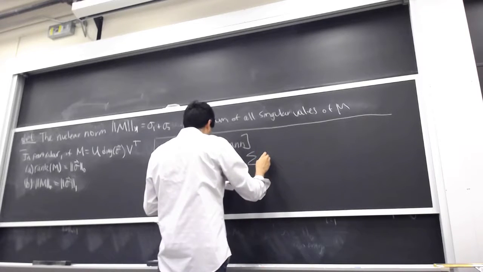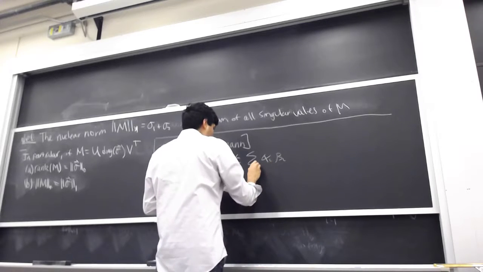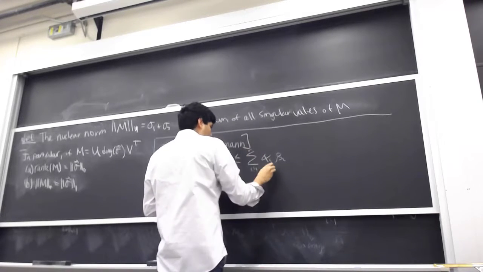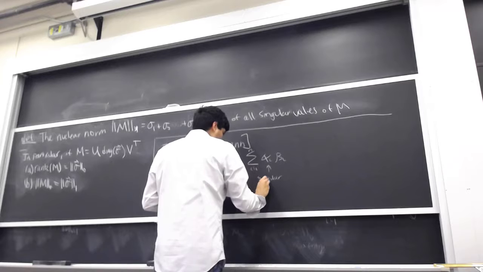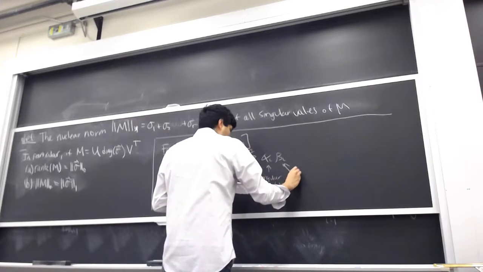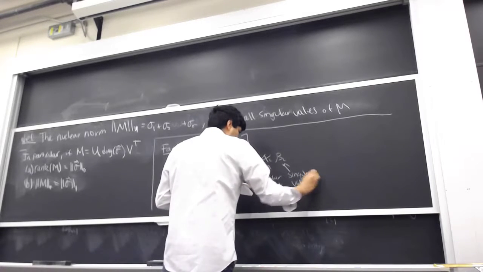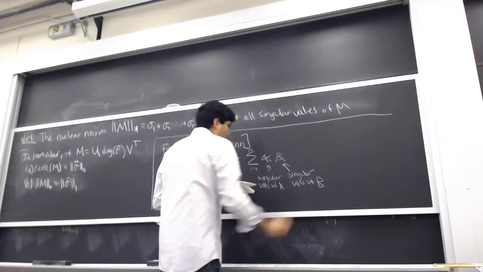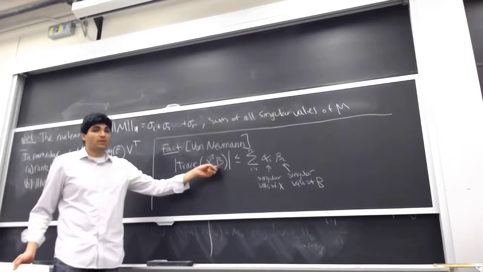is at most the inner product between the singular values. So the way to think about this is, what if X and B were diagonal?